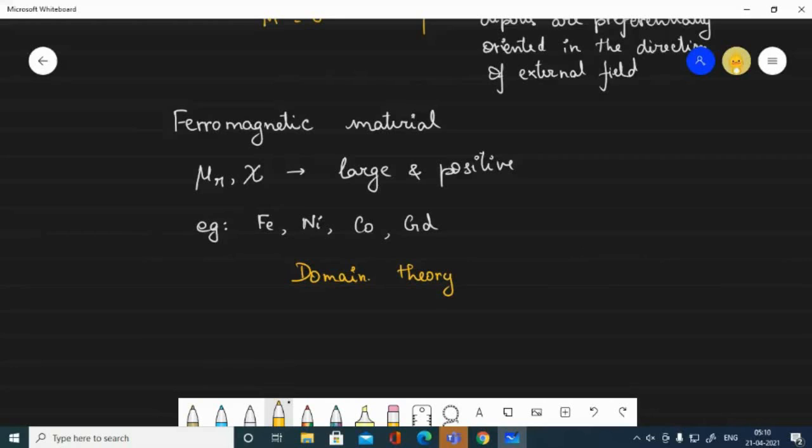So this is a permanent form of magnetism, and hence ferromagnetic materials are used in a lot of applications such as permanent magnets, electromagnets, transformer cores, and so on.